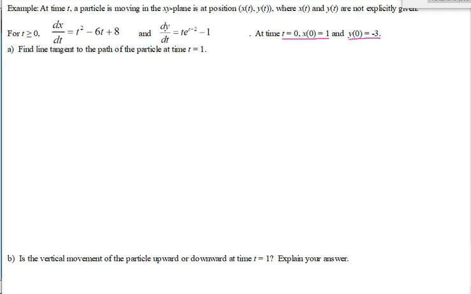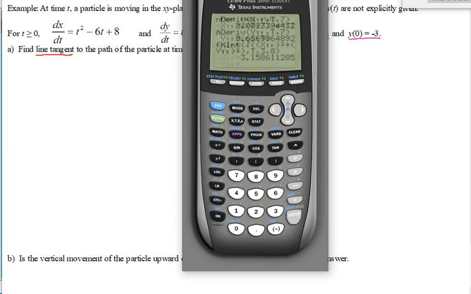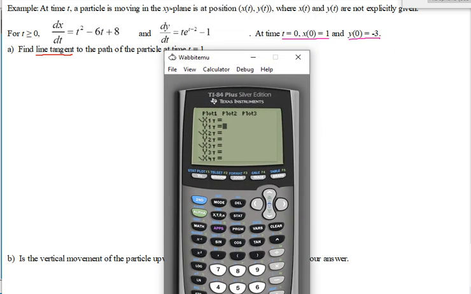Alright, so now for part A, we want the tangent line at time 1. So let's go ahead and put these both in our calculators first. So on the 84, we'll go back to y equals, clear these two out. And again, notice these are already the derivatives. So the graph we're getting here is not the graph of the position, it's the graphs of the two velocity functions. So it's not really showing you the graph of the path of the particle here.